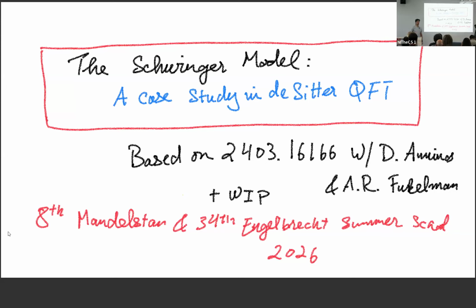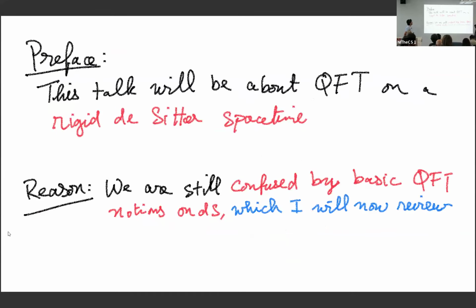Now, I'll explain a little more what I mean by that, but I'll spend a couple of slides reviewing what I said in the previous two lectures about why basic notions of QFT on de Sitter are complicated or difficult. I'm going to phrase it in slightly different language than I used earlier, but it's okay.